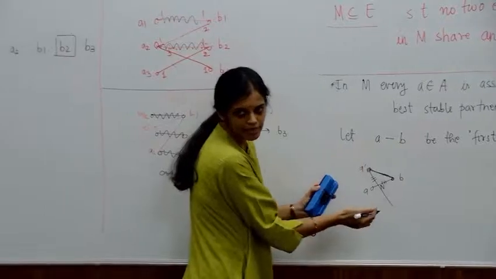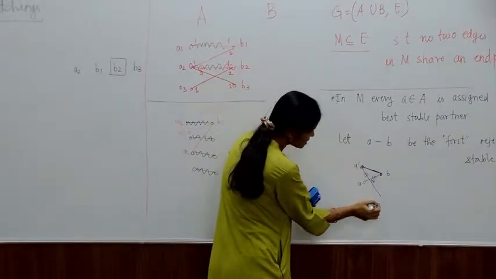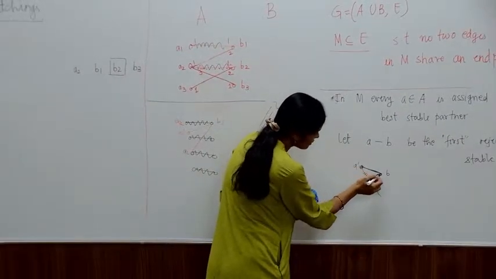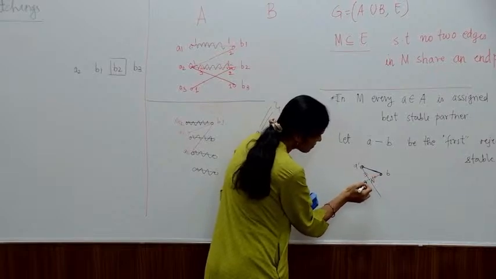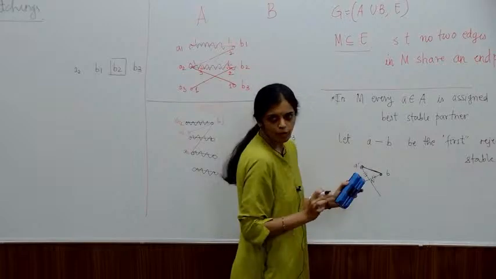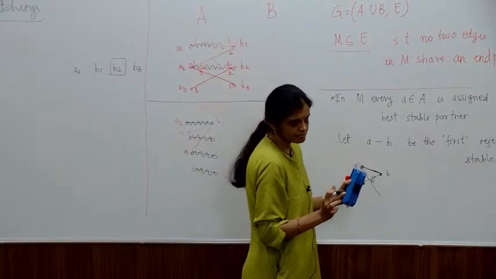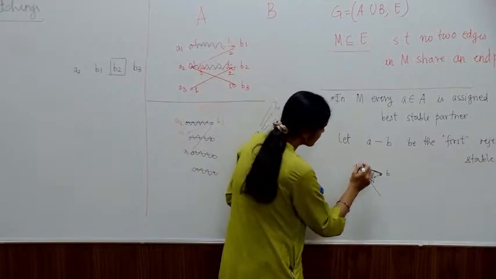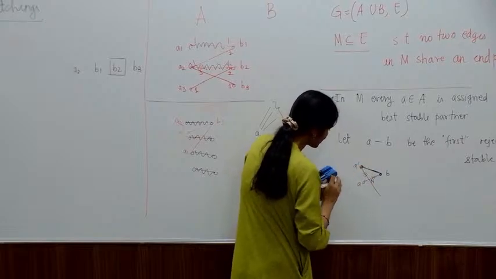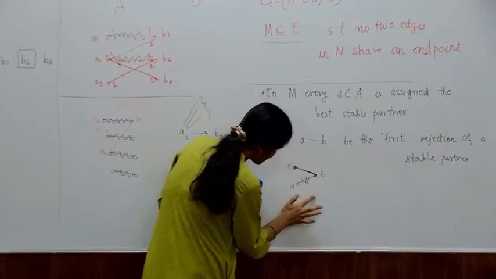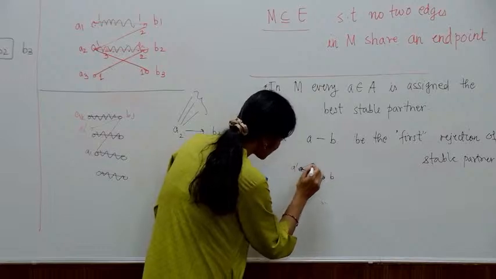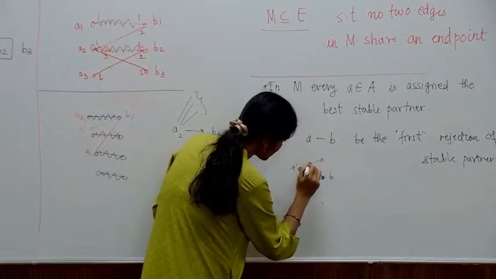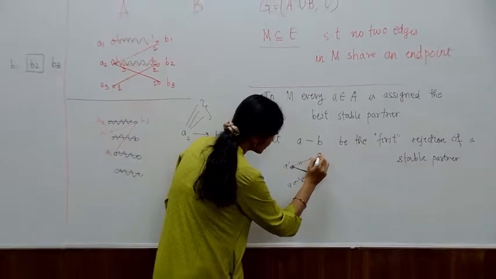Because the same thing will apply: although it is matched, A prime prefers B over its N partner, B prefers A prime over its N partner, therefore A prime B blocks N. Right? So therefore, A prime's N partner cannot be unmatched, and A prime's N partner must be above. So let's say B prime.